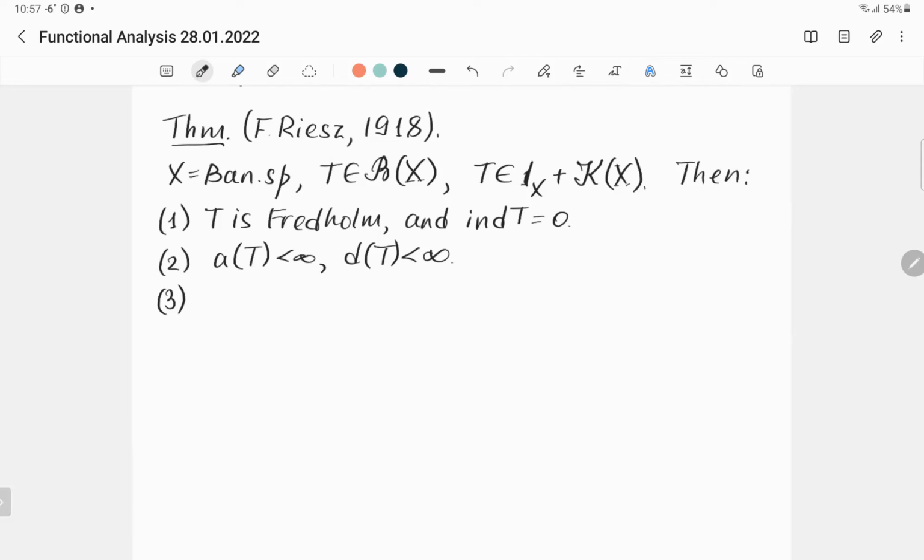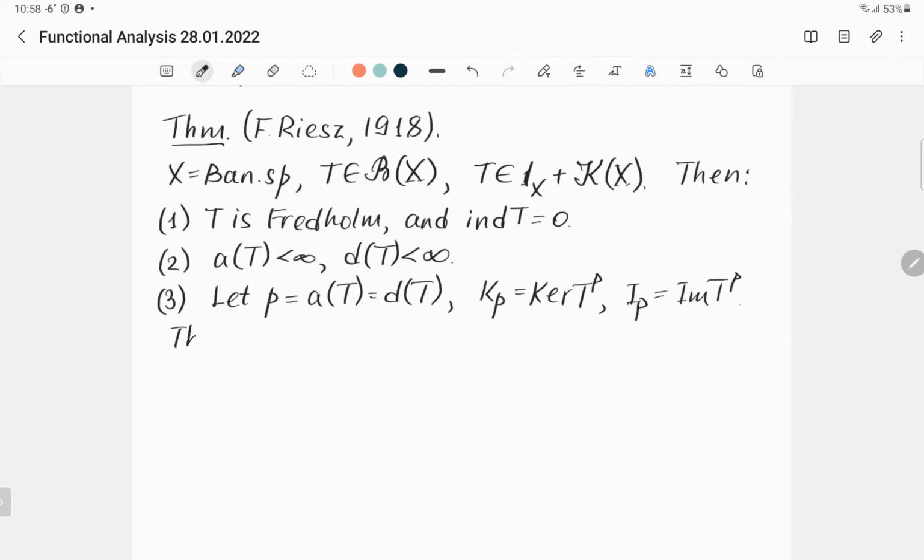This is also a version of the Riesz decomposition. Let P denote the ascent of T, which is equal to the descent of T. As before, we denote by Kp the kernel of T to the power P, and we denote by Ip the image of T to the power P. Then I claim that Kp and Ip are closed and T-invariant subspaces.